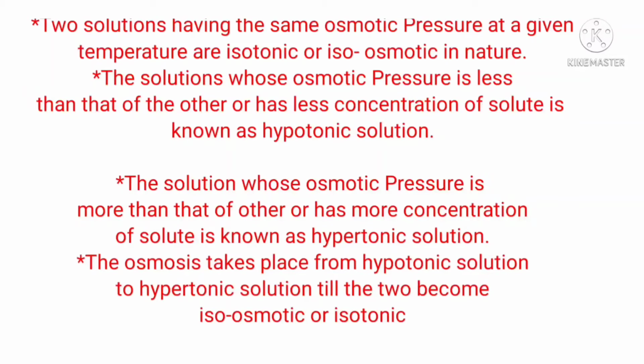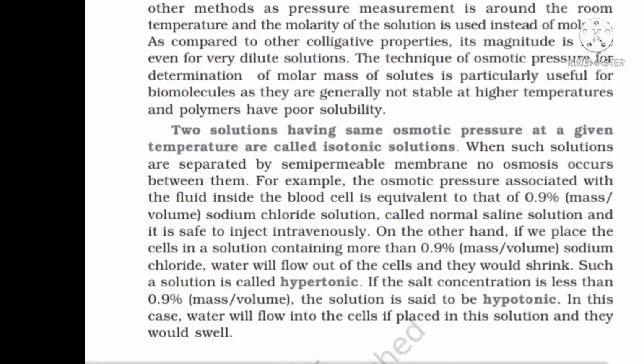And the solutions whose osmotic pressure is more than that of the other, or which have more concentration of solute, are known as hypertonic solutions. Osmosis takes place from hypotonic solution to hypertonic solution till the two become isoosmotic or isotonic.